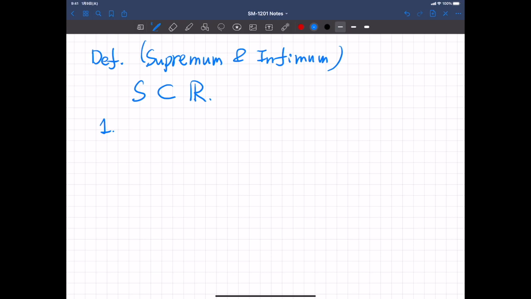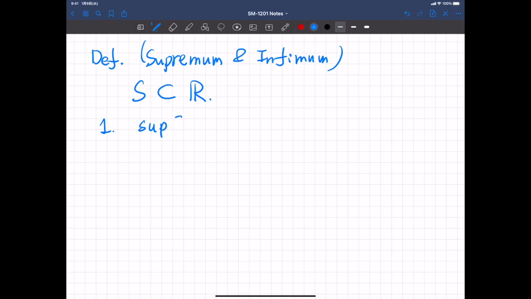And let's first, if S is bounded above, the least upper bound, if it exists, is called the supremum of S. Okay, so supremum, we write sup S. I think we don't use the capital letter.